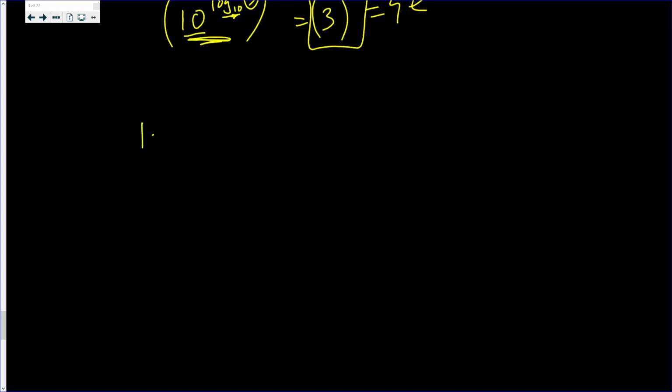If you were asked to calculate log base 5 of 25 minus log base pi of 5, in as few steps as possible.